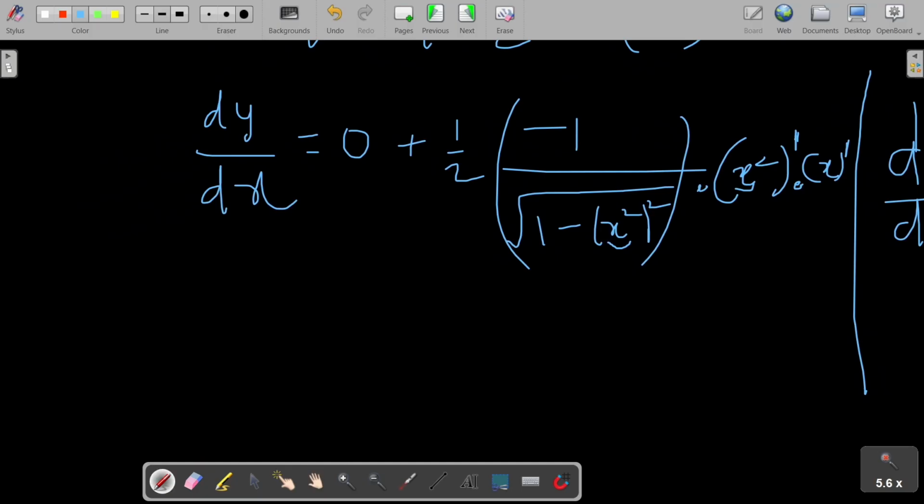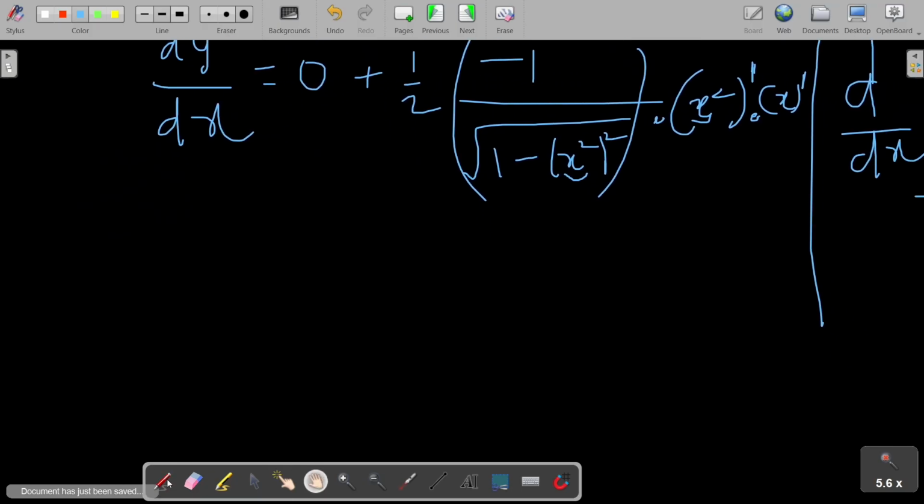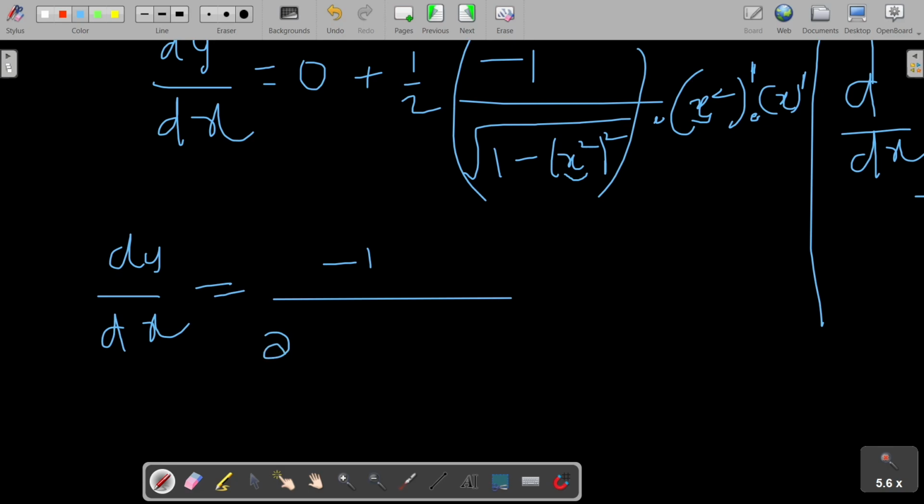I have taught about it in a previous video. So now this is the particular result we got here. We get dy by dx is equal to negative 1 over 2 times root of 1 minus x squared whole squared. These two powers get multiplied, so it becomes x power 4. The differentiation of this thing right here is 2 times x power 2 minus 1 using the x power n rule.